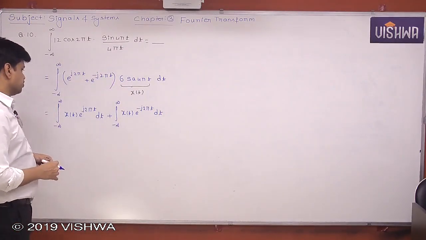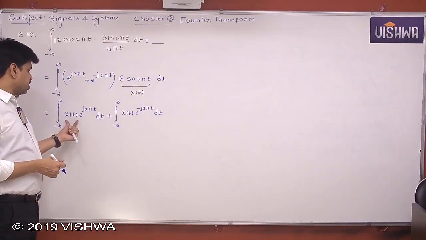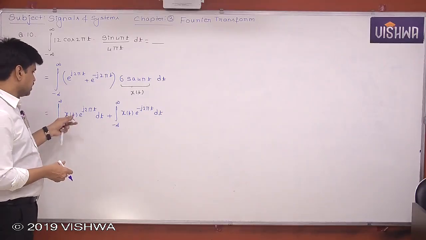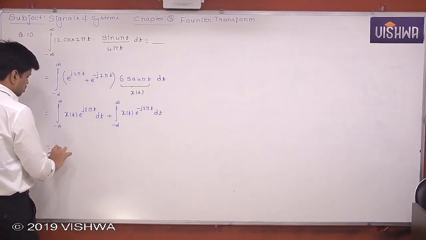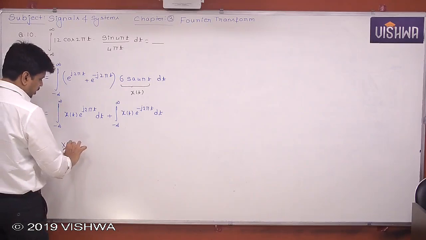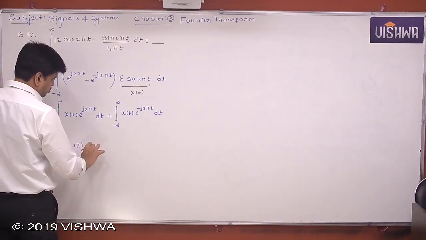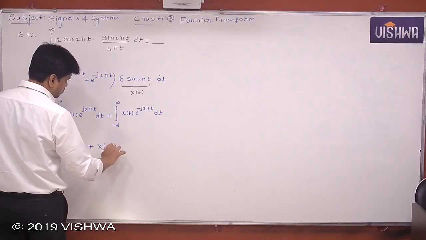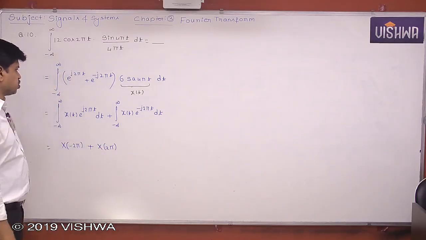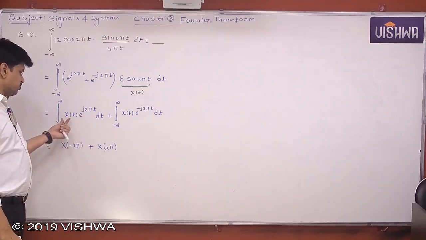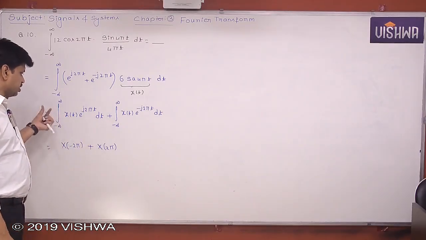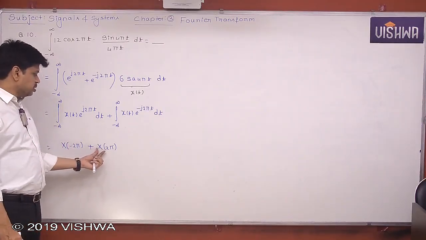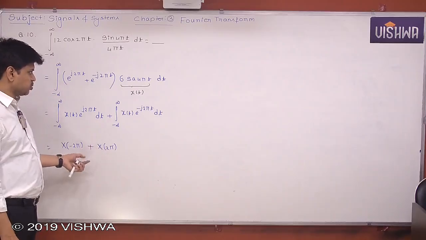From the central ordinate property, if you observe the integration, it is going to give capital X of minus 2 pi plus capital X of 2 pi. If I say this is X of omega, then here it is X of minus 2 pi, and here it is X of 2 pi. So this is what we are going to get.